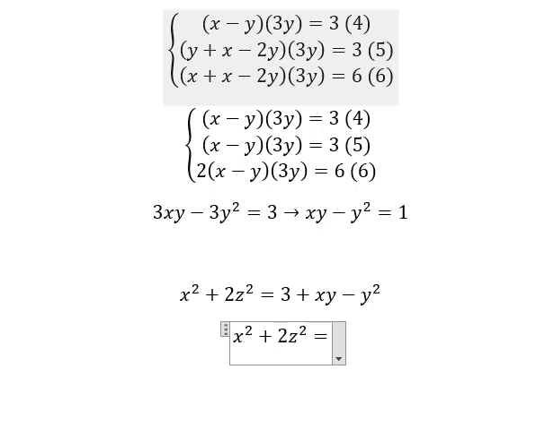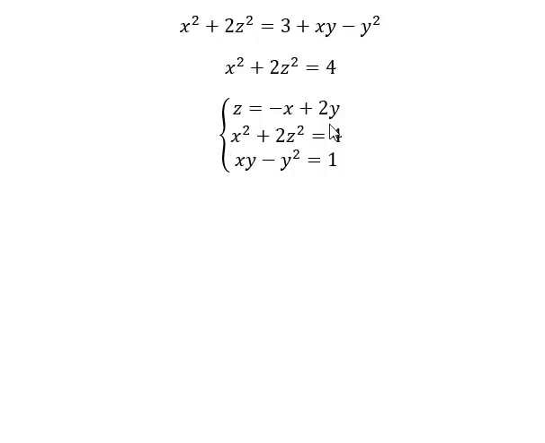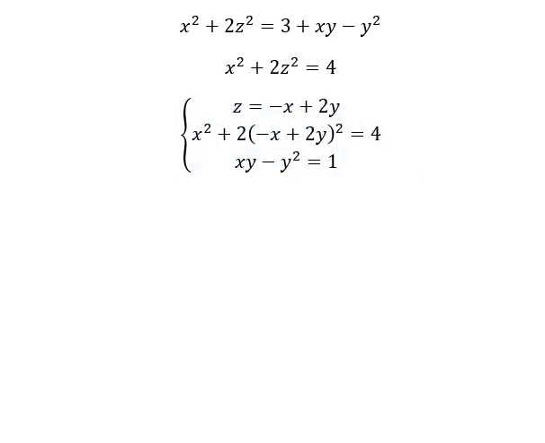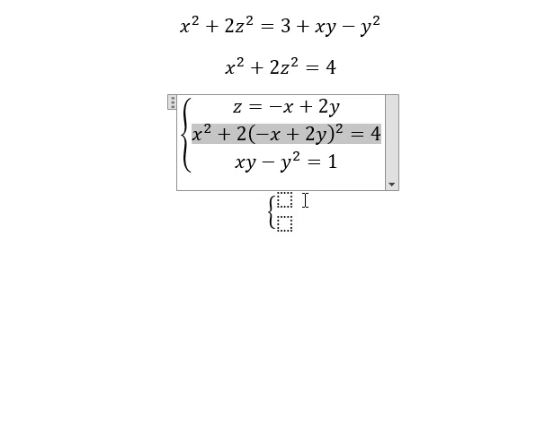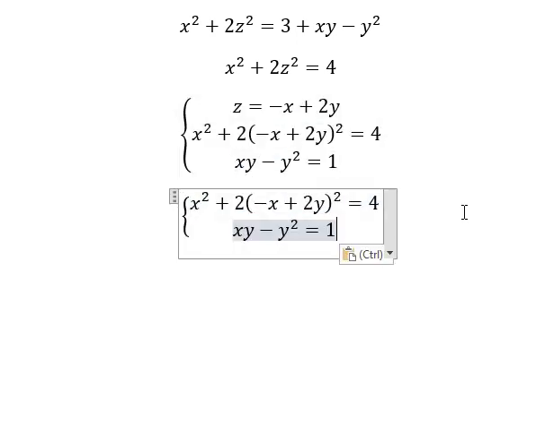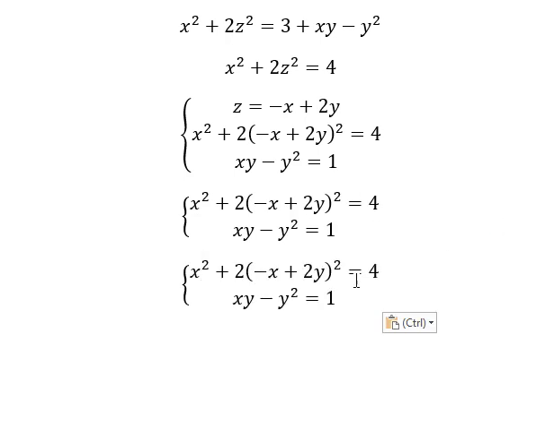So that is number 4. After we got everything, now we can put this one in here, so we can find x and y only. So this one, we just have only 2 equations. So we need to expand this one.